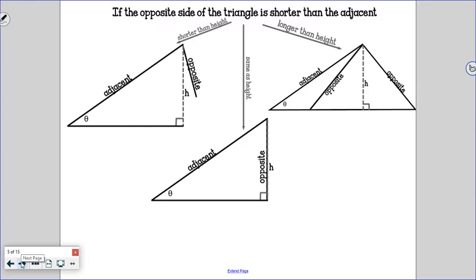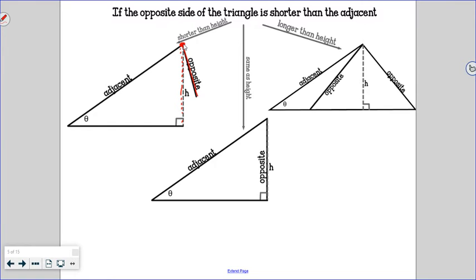So then the options come from looking at the height of the triangle. So this dotted line here is not a side of this triangle, but is measuring the perpendicular height from that top vertex perpendicular to this side. And if I compare the height to the side across from our angle, if that opposite side is shorter than our height, we can't even make a triangle. Okay?